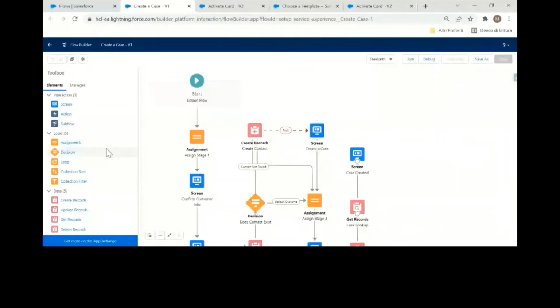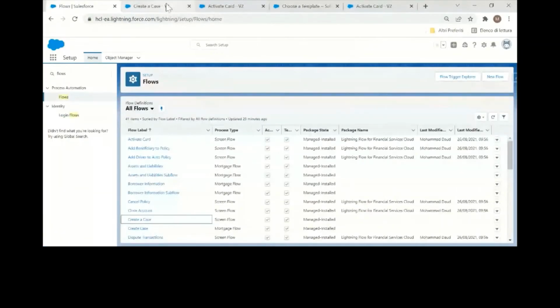By the way, I'm just going through some of the flows so you can understand at least the mostly used flows that are there.